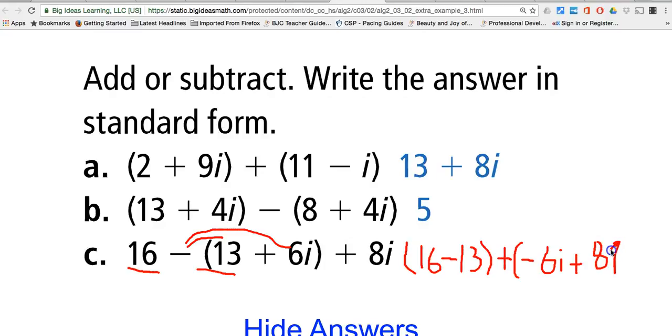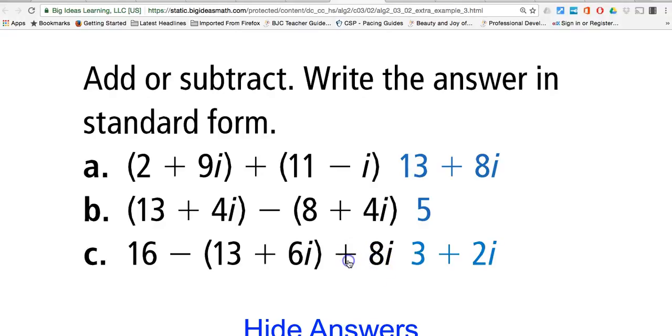So now when we add these together, we're going to get 16 minus 13, which gives us 3, and then minus 6i plus 8i, which gives us positive 2i. And when we check our answer, we should get 3 plus 2i. We check, we get 3 plus 2i.